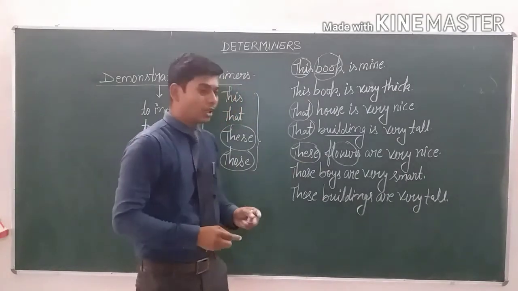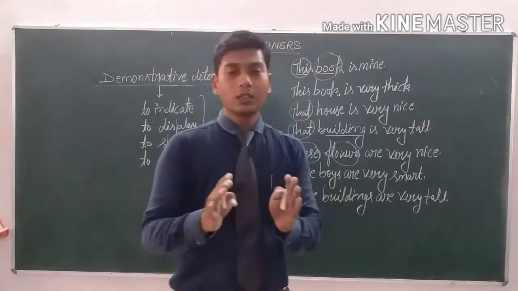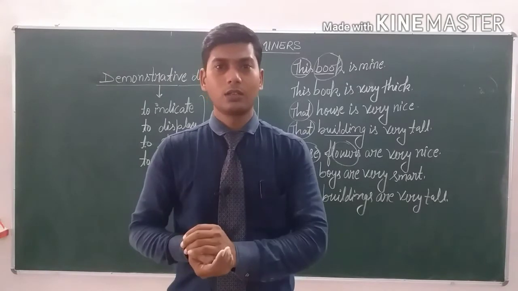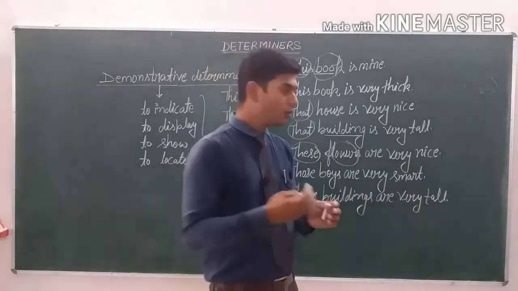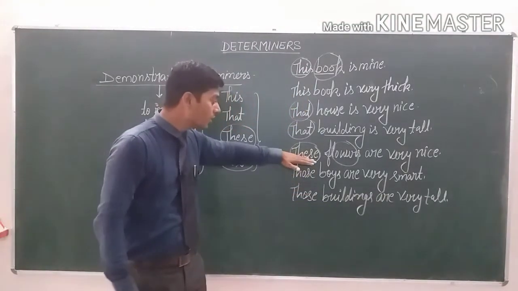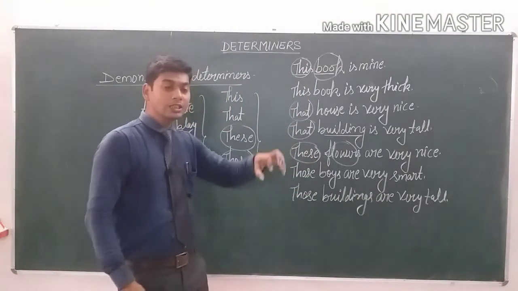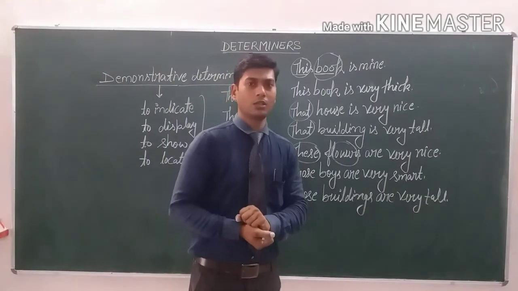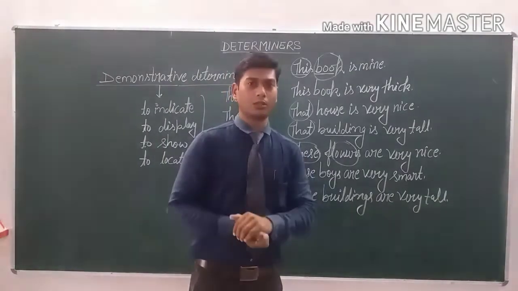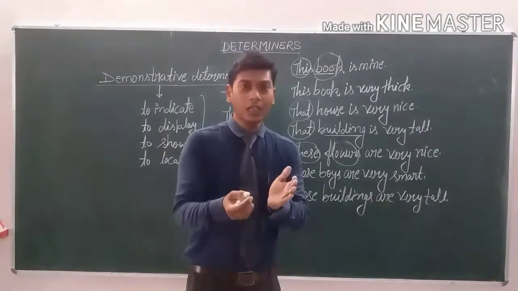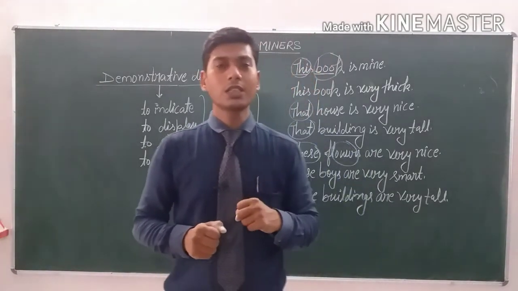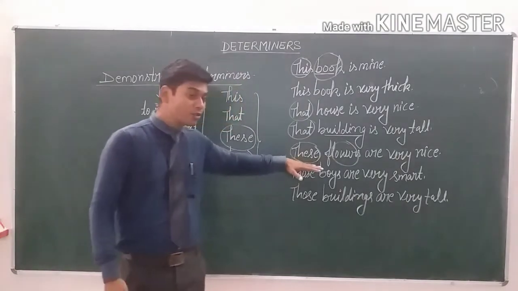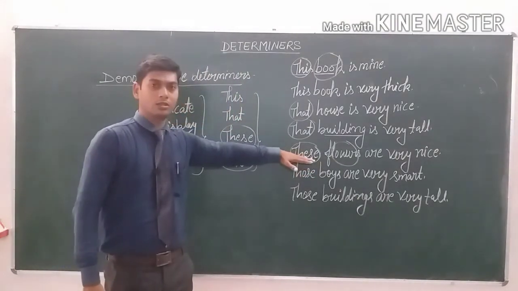It means here is not a single flower, there are many flowers, so I have used here these, and these are very near to me, very close to me. ये जो फ्लावर्स हैं हमारे पास में हैं, नज़दीक में हैं, इस वजह से हमने क्या वर्ड यूज किया, दीज. Okay.